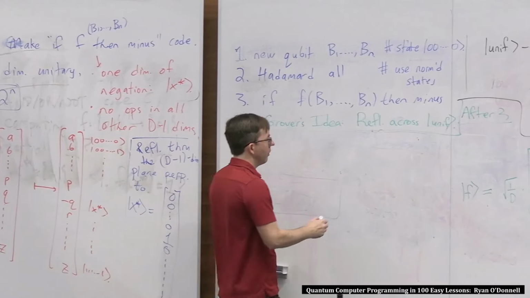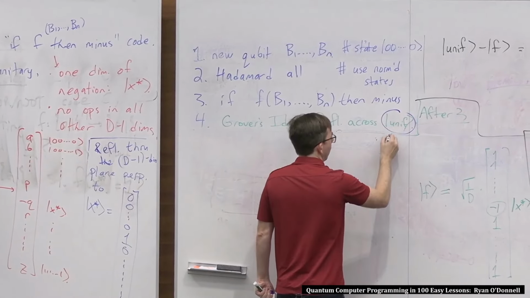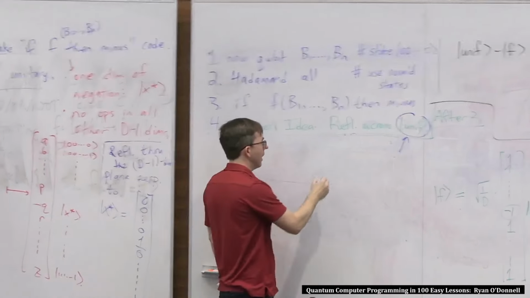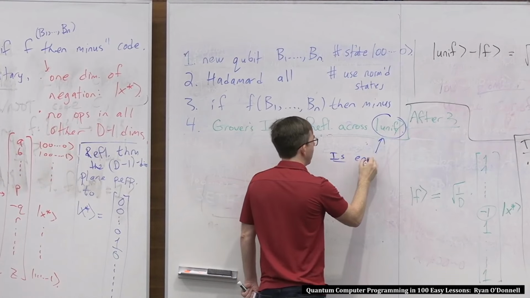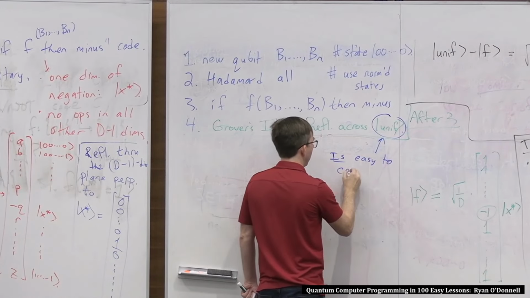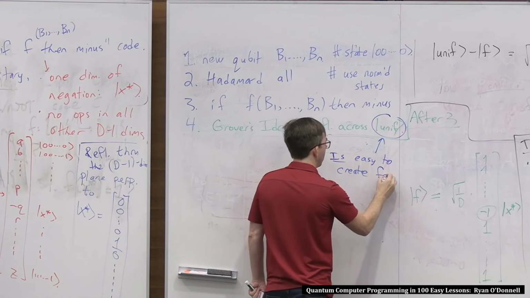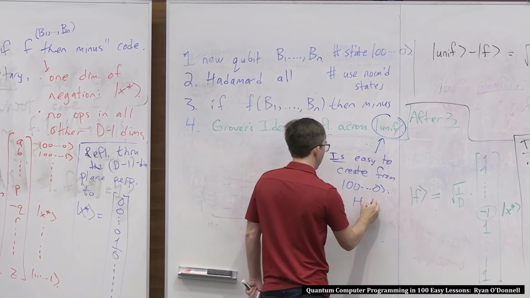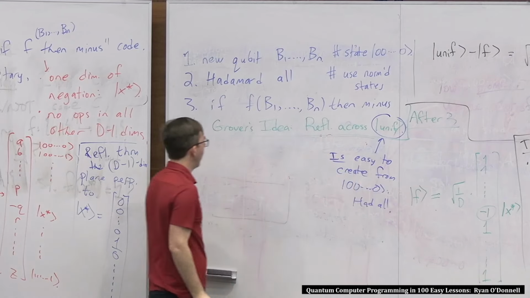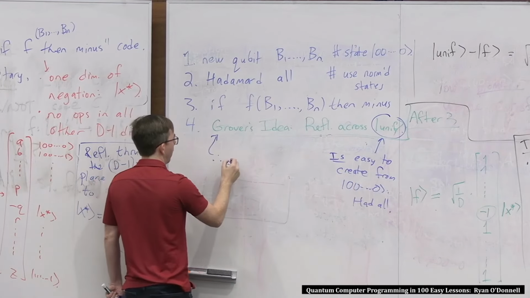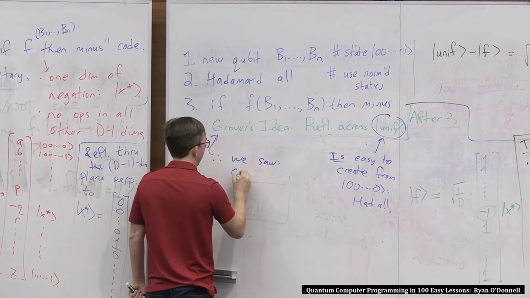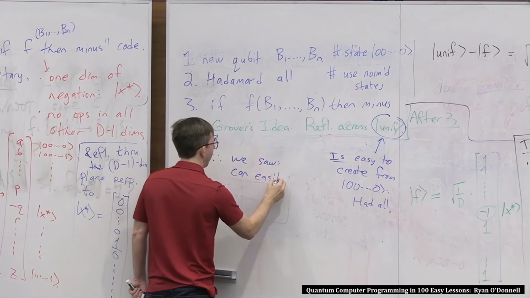And this is easy to make. In fact, we literally just made it back up here. This is easy to create from all zeros. You just do Hadamard all. And therefore, by the early part of this lecture, we can easily code this.